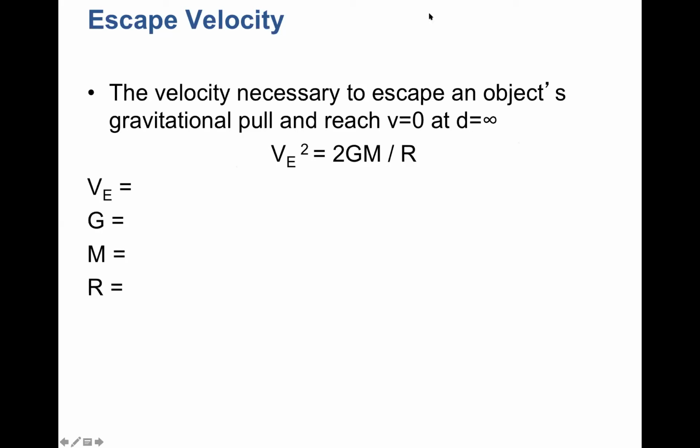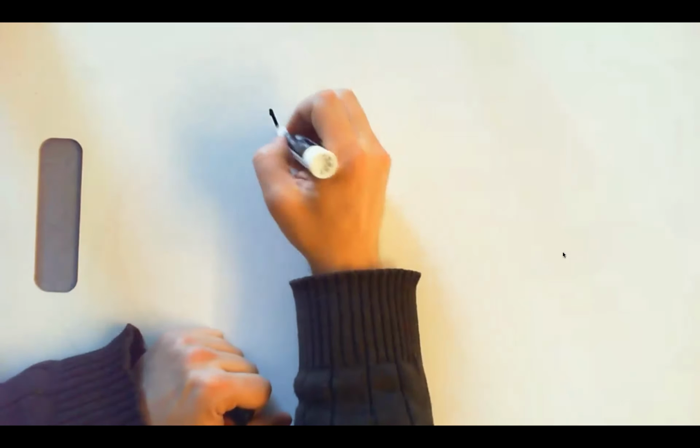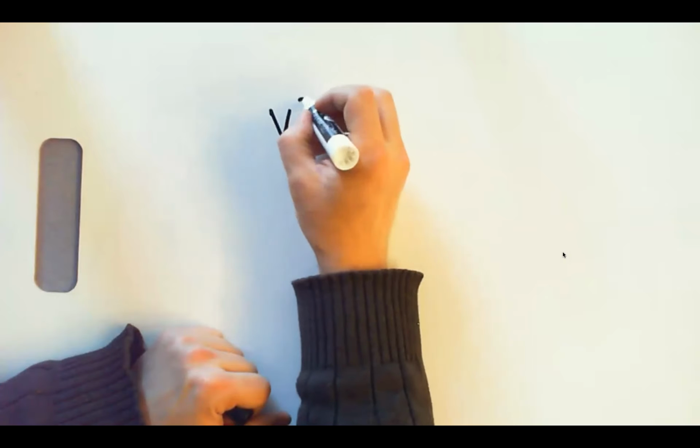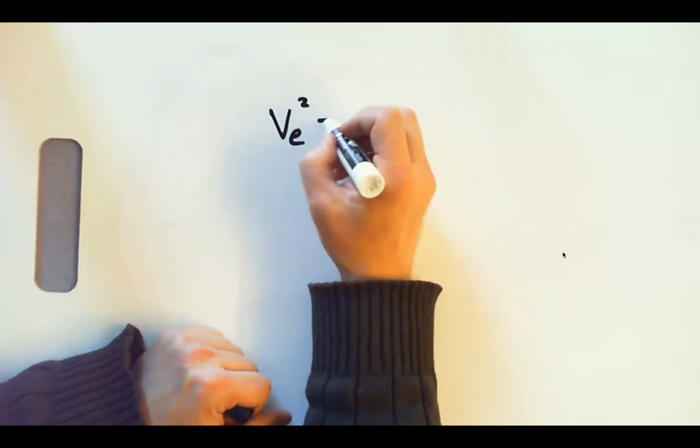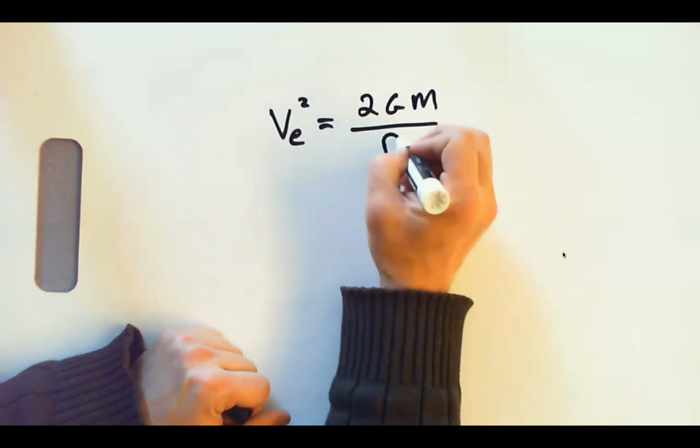Let's go ahead and use our whiteboard to write it out. So here we go. Escape velocity, I'll do it v sub e. The escape velocity squared is 2 times G times M divided by r.